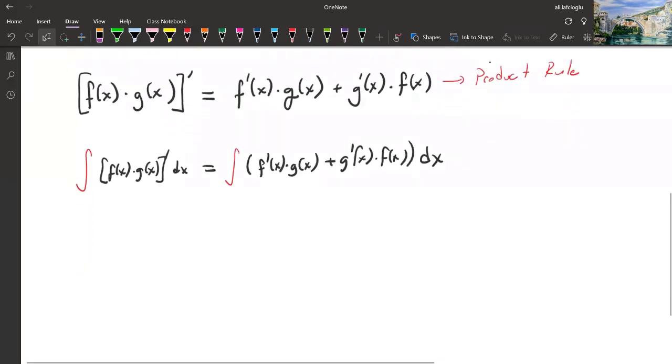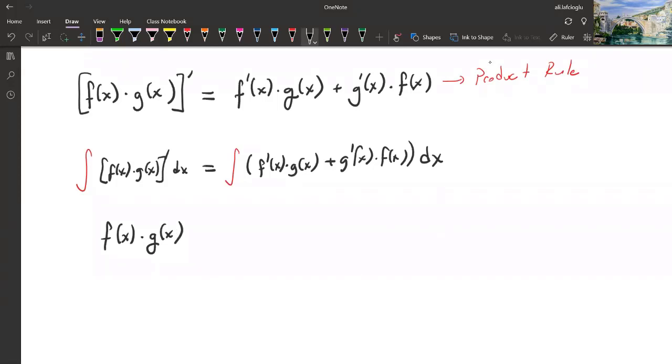So what is the integral of the left-hand side? This is the derivative. When you take the integral of this derivative, you will find the antiderivative. It will be itself. So this integral and derivative cancel each other. So the left-hand side will be equal to f of x times g of x, because integral is a reverse operation.